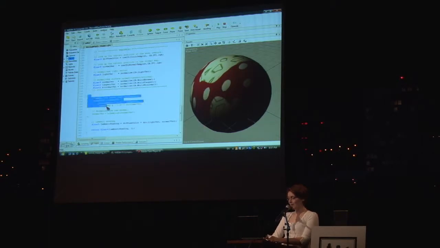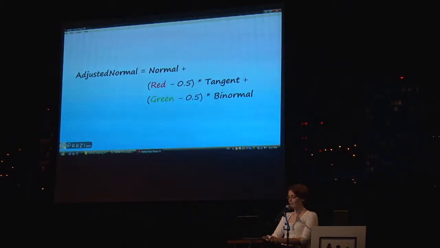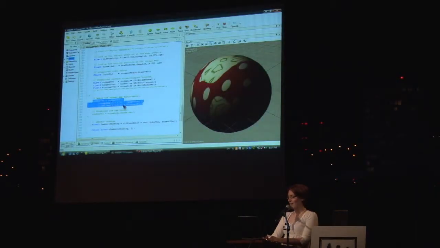Now I have some code commented out here. And you may recognize this little bit right here because it looks just like this. It's the same exact thing. There's your little red, and there's your little green, and you're multiplying it by the tangent and the binormal, adding it to the normal. Pretty cool, but I have it commented out, so it's not working right now. And that's why this looks like a smooth ball.